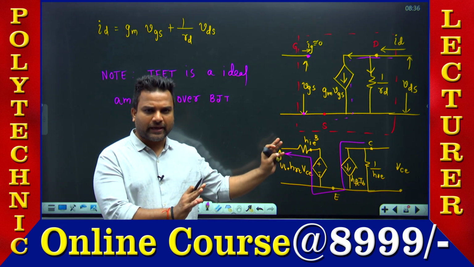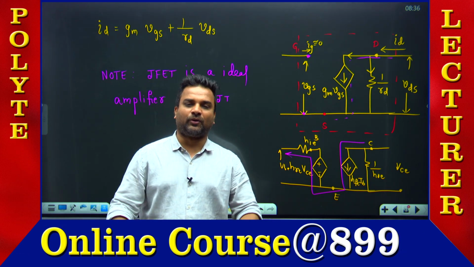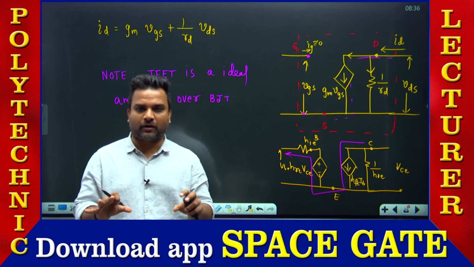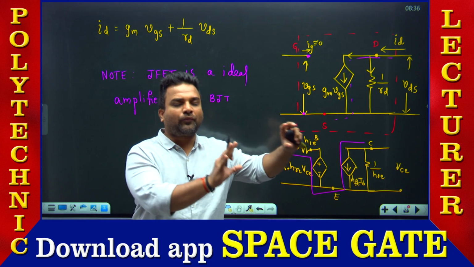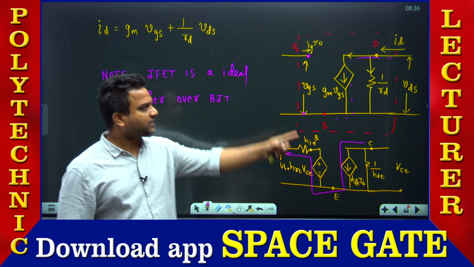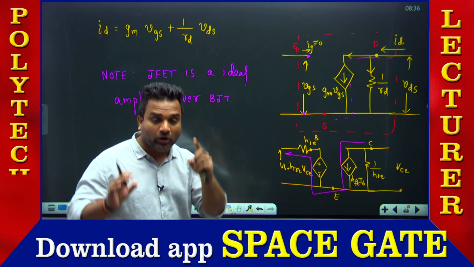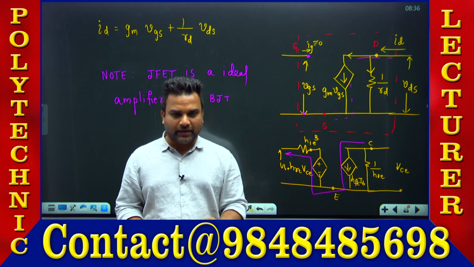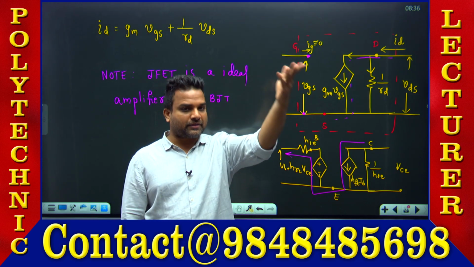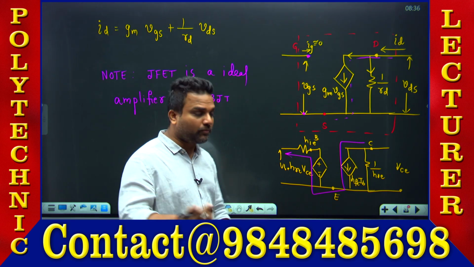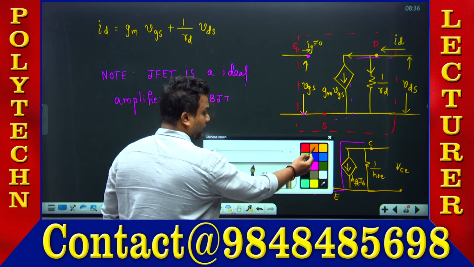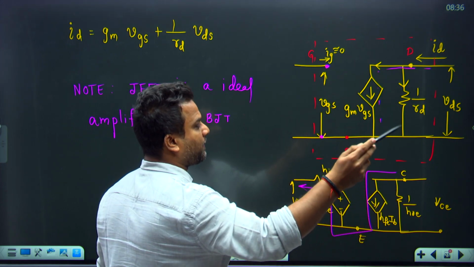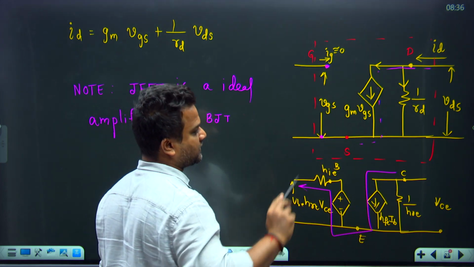Now, is it the same for high frequency applications? No. Unfortunately, whatever I said, ideal amplifier and all, is applicable to low frequency applications. This diagram is valid only at low frequency applications, whereas if it is high frequency applications, then there will be introduction of parasitic capacitances, internal capacitances.